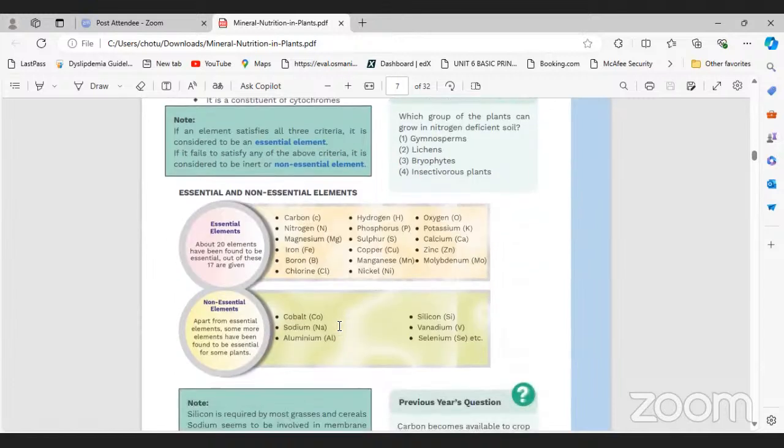Non-essential elements: apart from essential elements, some more elements have been found to be essential for some plants. Cobalt, sodium, aluminium, silicon, vanadium, selenium.